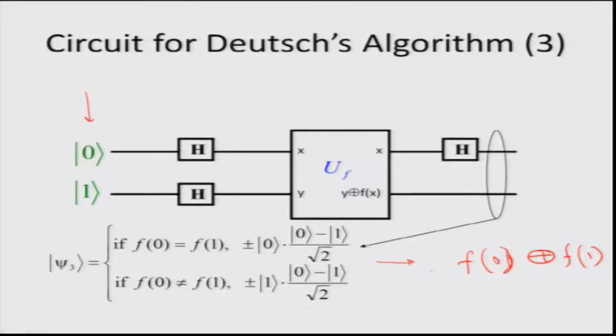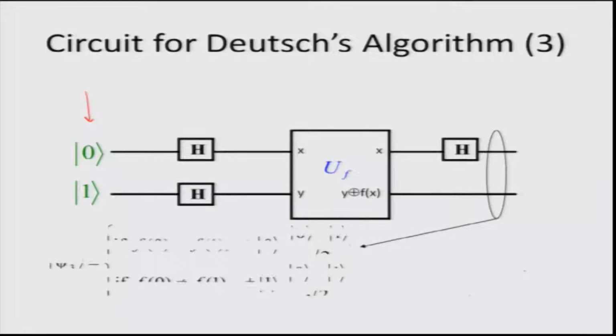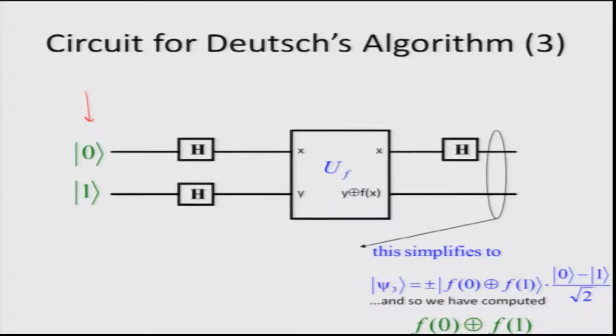We started the process and we finally make a measurement of the final state psi 3, which is equivalent to the superposition state of the original states and the measure of f of 0 binary add f of 1, which gives me the solution that we were looking for. So, that is the reason why the Deutsch algorithm is very important, because it is able to achieve the result in one step using quantum parallelism.